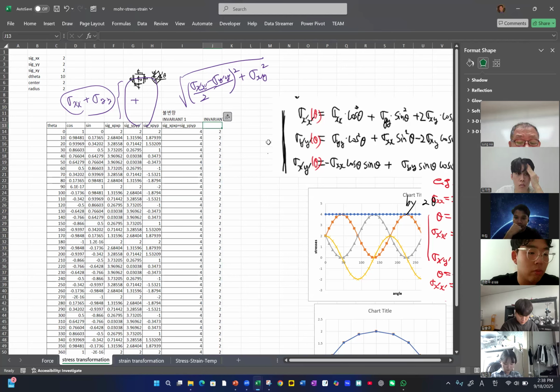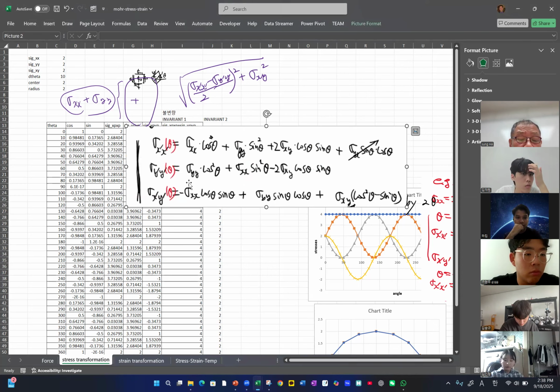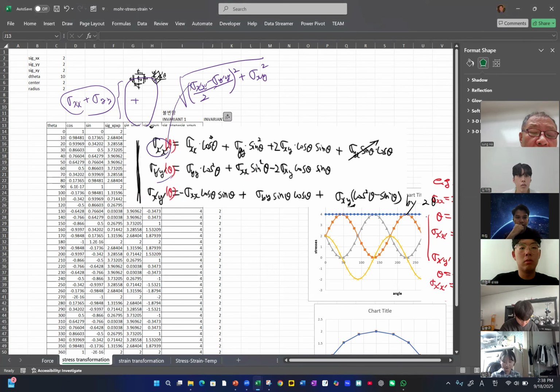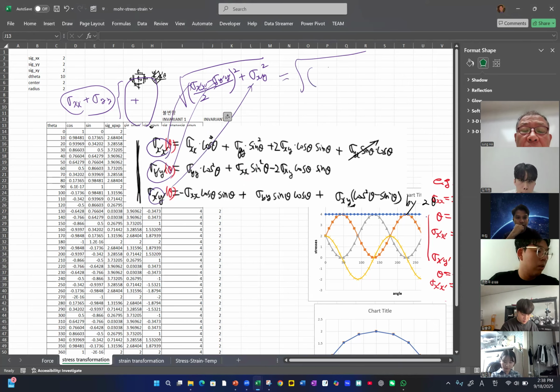Now I'd like to give you a better idea of this term. Why does this not change? You can simply put these things here and then put this here and this here. You will see this is exactly the same term as this. Okay, so that's why it does not change.